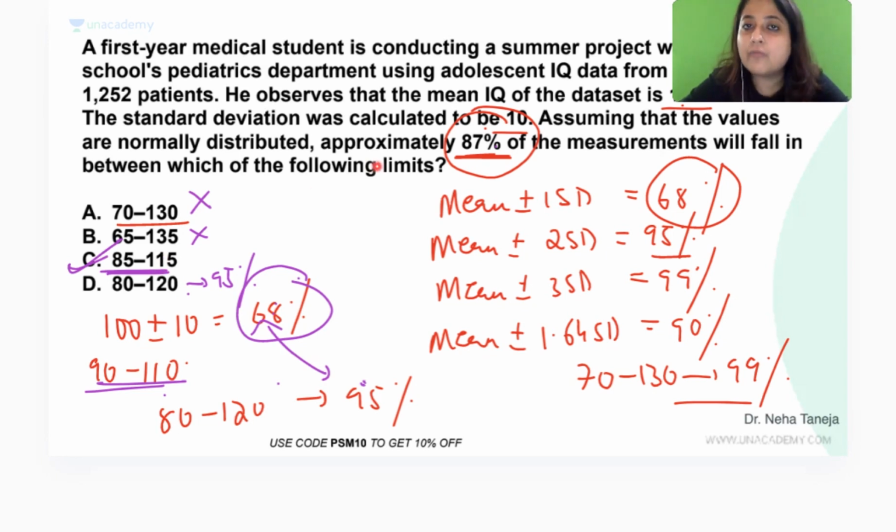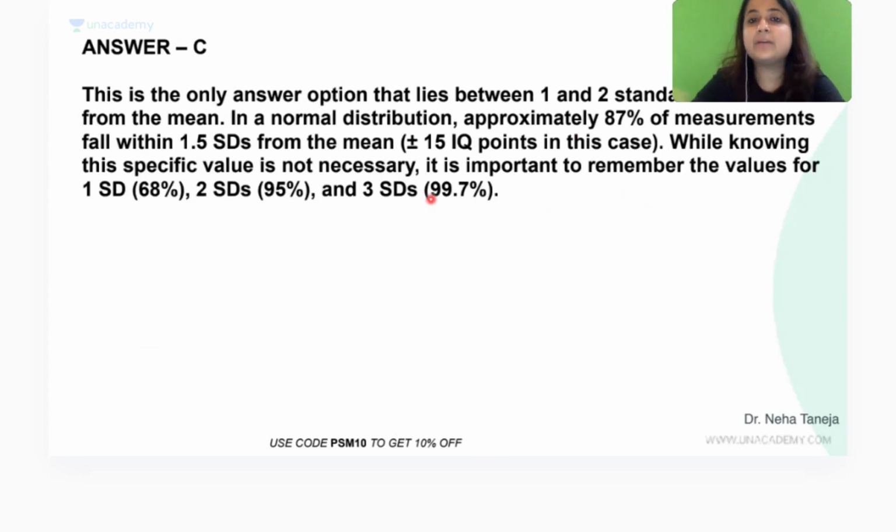Now for 87% of observations, what is your Z value? Just say 1, 2, 3, 1.64. These are your Z scores, right? For 87%, look over here. There is only one answer that lies between 1 and 2 standard deviations from the mean. In a normal distribution, 87% of measurements fall within 1.5 SD.